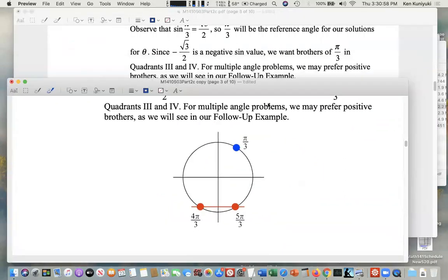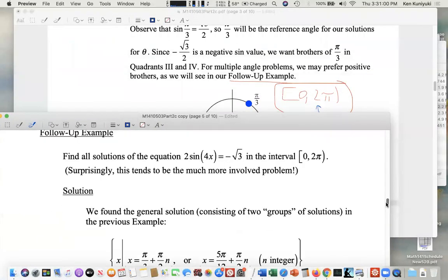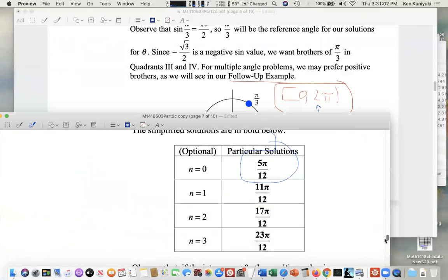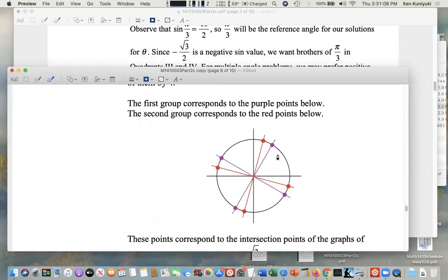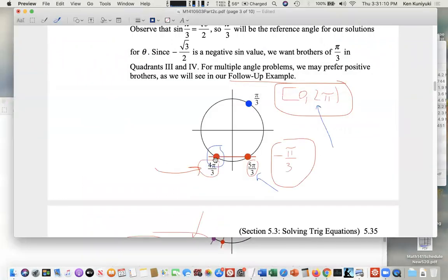So on the unit circle, if you were to look at our 8 solutions for x, we have a lot of them. It's quite a mess. So our purple solutions for x in group 1 came from this purple spider egg for theta. Remember, these are our solutions for theta: 4 pi over 3 plus 2 pi n, also 5 pi over 3 plus 2 pi n.